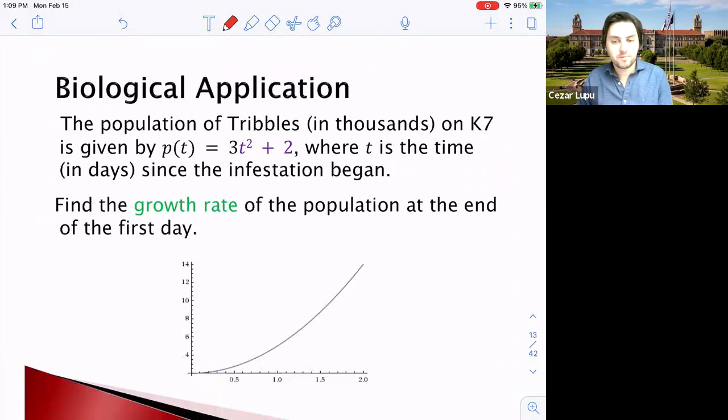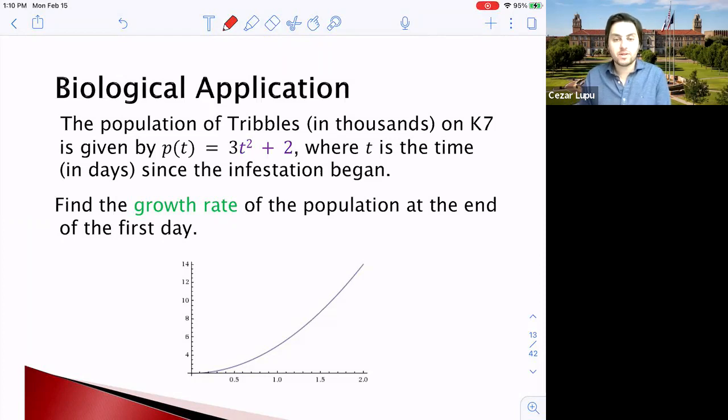A biological application. So the population of tribbles in thousands on case 7 is given by this function. Again, we'll have the same position function, but since it's a biological application, we'll call this a population function. So it's p of t equals 3t squared plus 2, where t is the time in days since the infestation began.